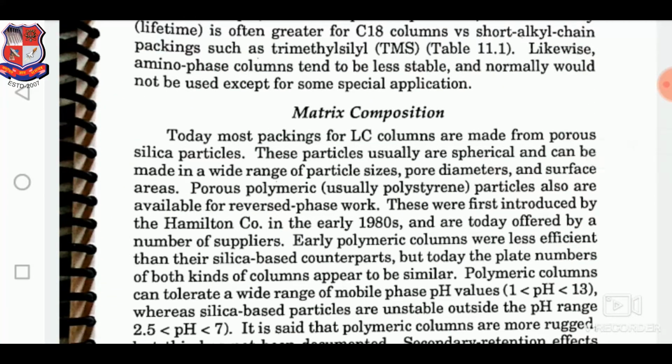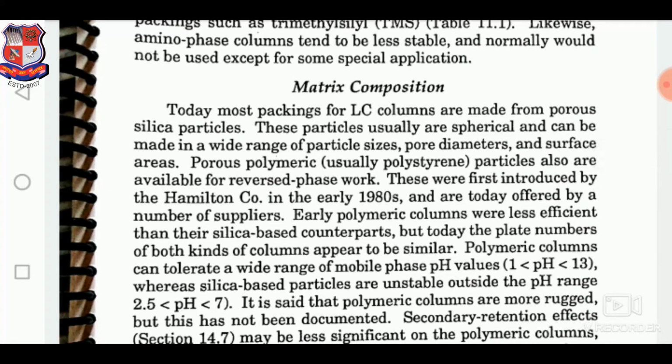Matrix composition: today most packings for LC columns are made from porous silica particles. Porous polymeric packings are also there, usually polystyrene.